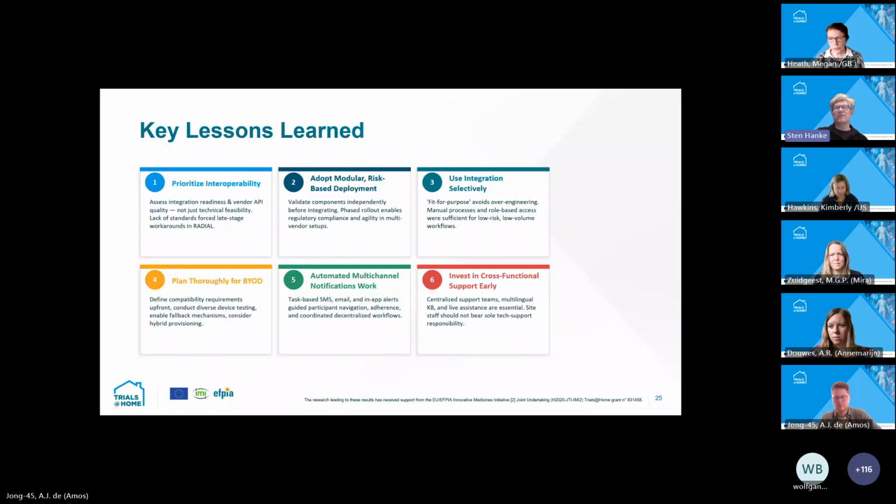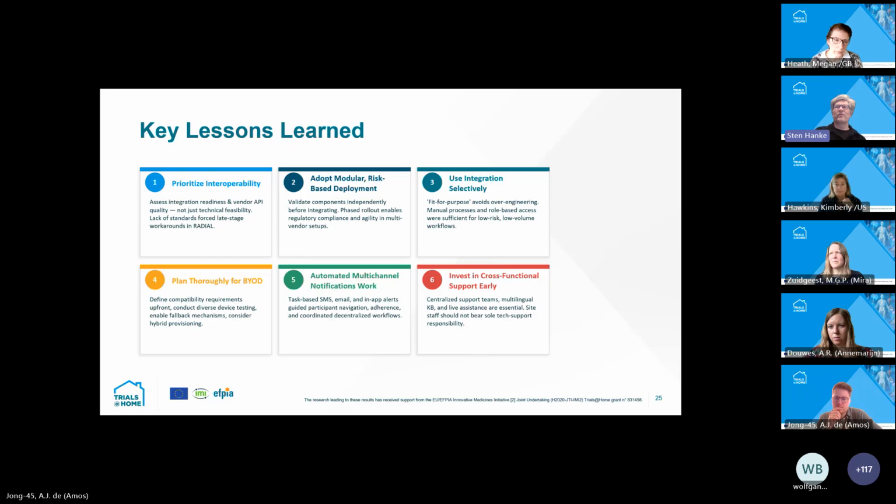What we also learned is that, of course, you can integrate technology with relatively lower efforts, but as most of the technology is tested individually in other trials potentially before, the integration is not always aiming to a product or to a combination which is then without failures. So you need to be aware that these things can happen.